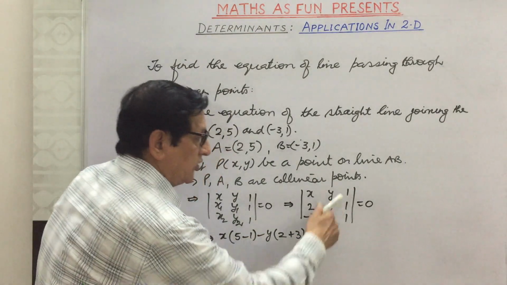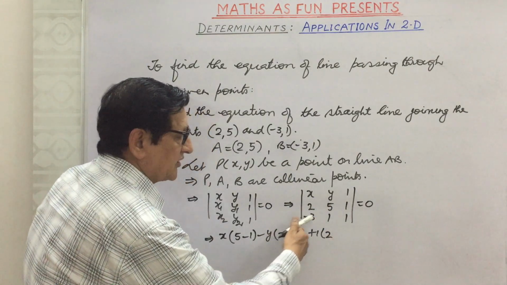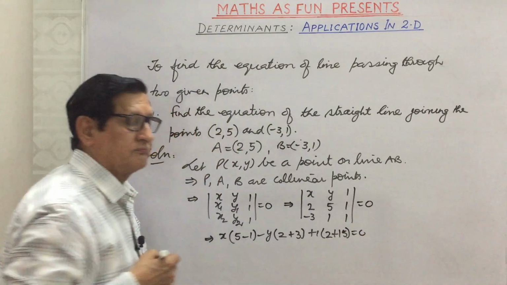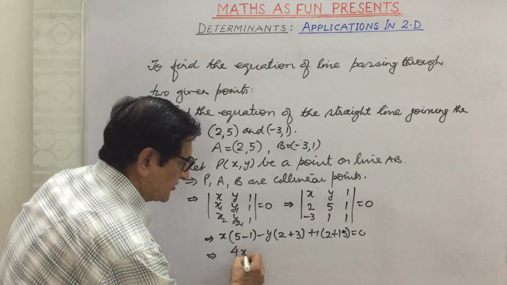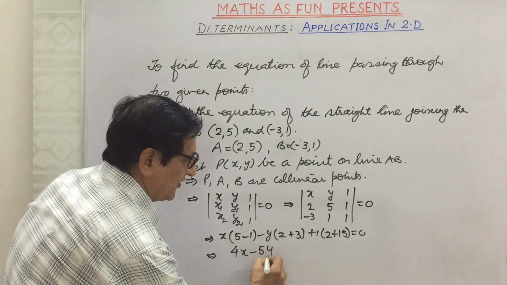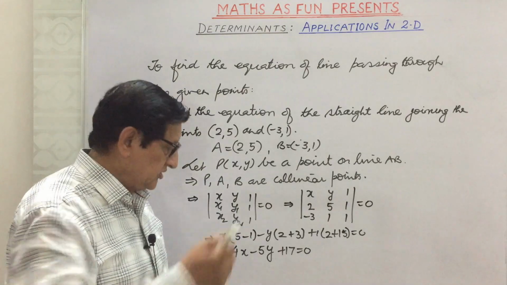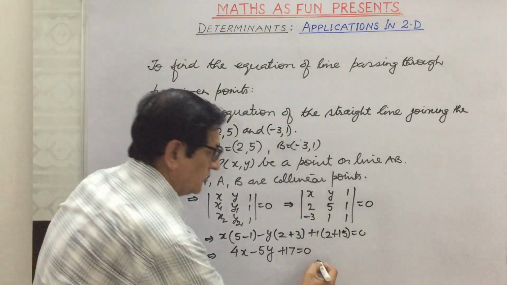Plus 1 into, leaving this column and this row, 2 minus minus plus, 15 equal to 0. On simplification we get 4x minus 5y plus 17 is equal to 0. This is the equation of the line joining these 2 points.